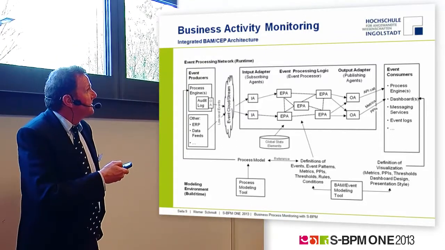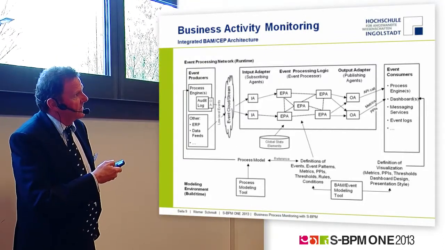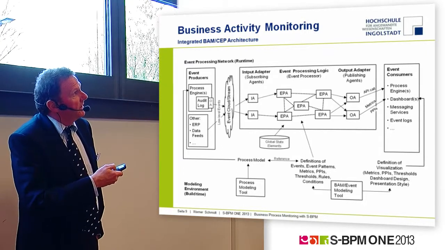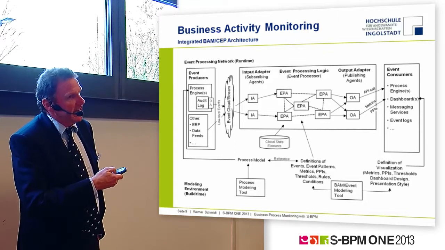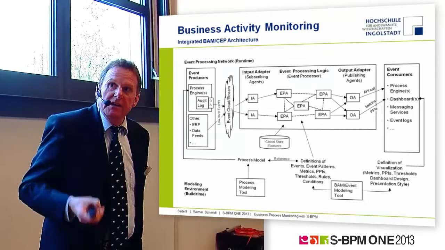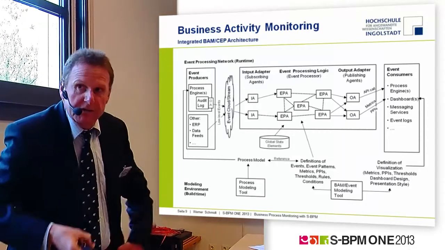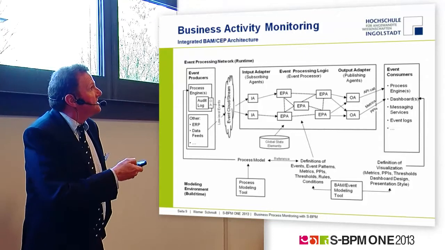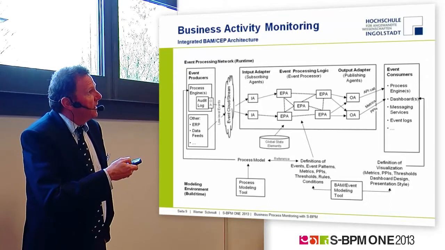These events are stored in this event cloud or event stream and processed by the event processing logic, consisting of event processing agents, doing things like filtering events and aggregating events, like I explained before in this fraud detection example. And this event processing logic produces an output.